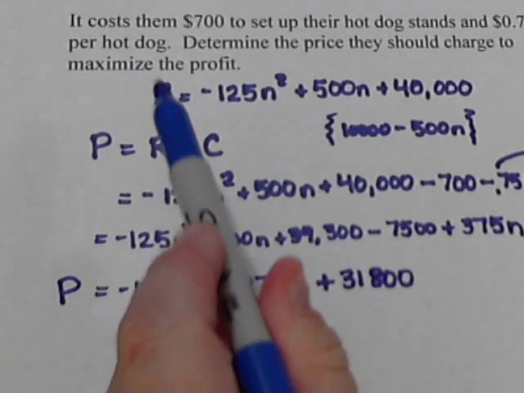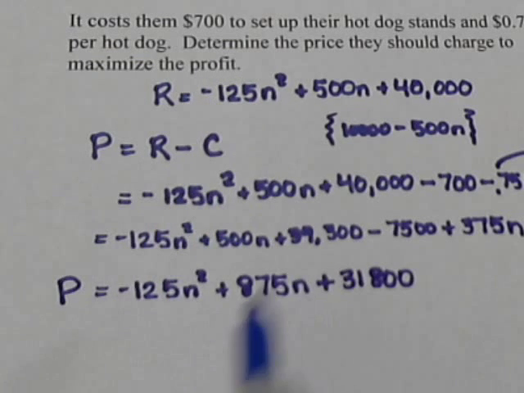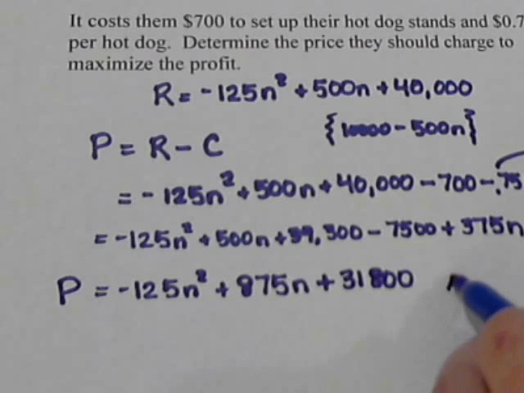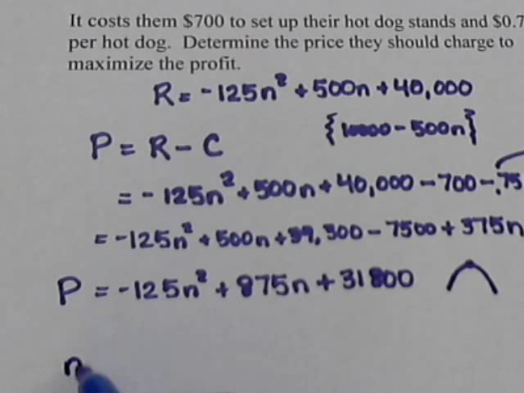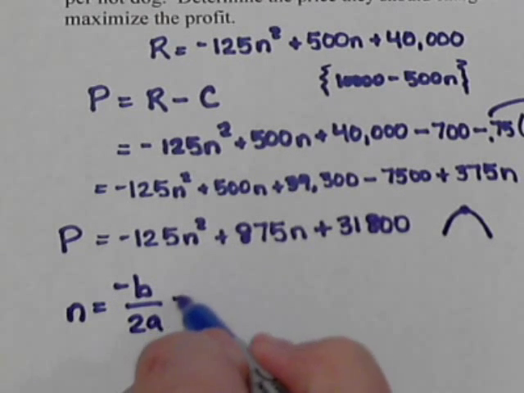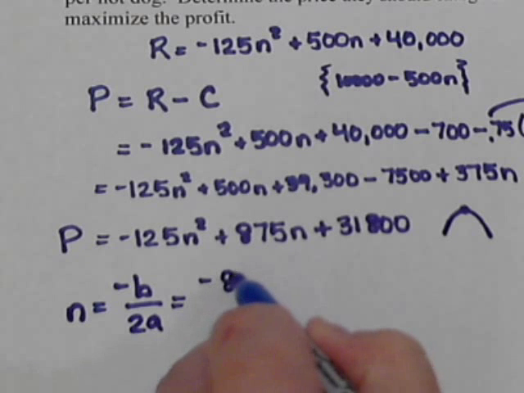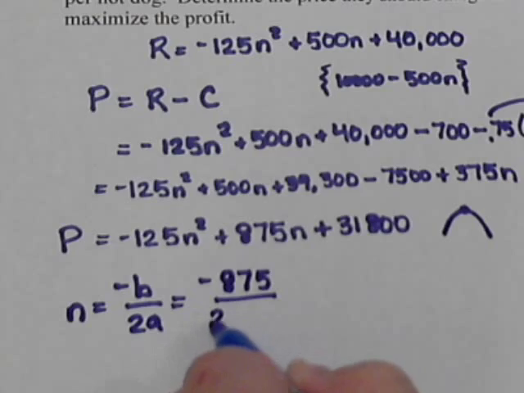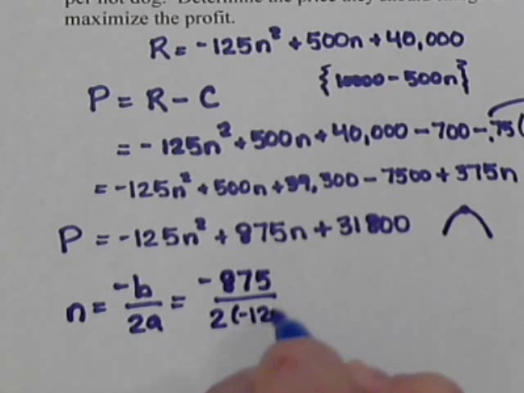Now, to maximize the profit, again, we've got a polynomial with a negative a coefficient, so it's going to have this shape. So we're finding the vertex. So our n is going to be negative b over 2a, which would be negative 875 over 2 times negative 125.